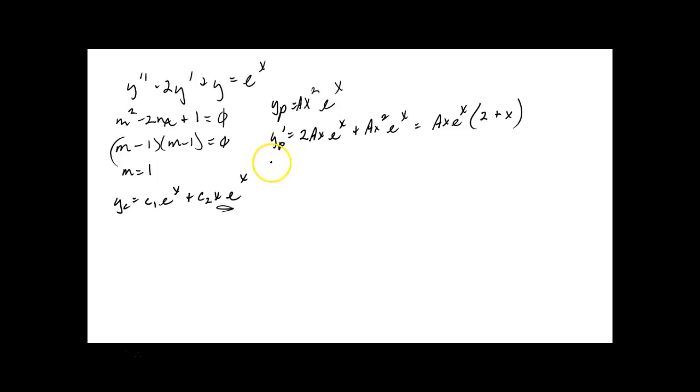All right. We still need to do a yp double prime, the second derivative. And I don't know if the second form's any better than the first. I kind of think not. So maybe it'd be better to do this: a times 2x plus x squared, e to the x.